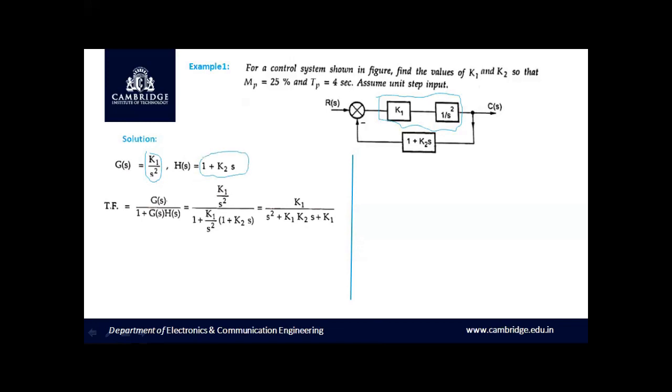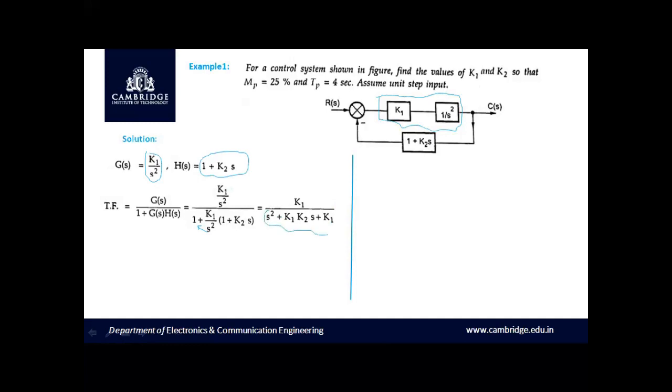Once after substituting, we get K1 by S square the whole divided by 1 plus K1 by S square into 1 plus K2S. Further simplification, we get the closed loop transfer function as K1 divided by S square plus K1 K2S plus K1.